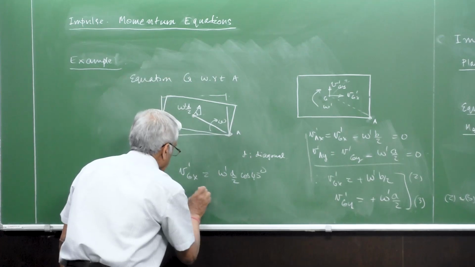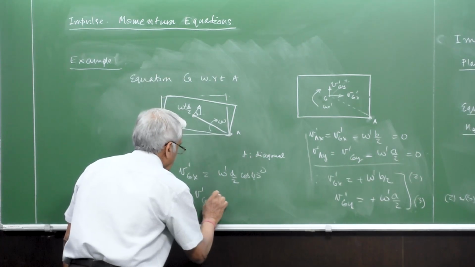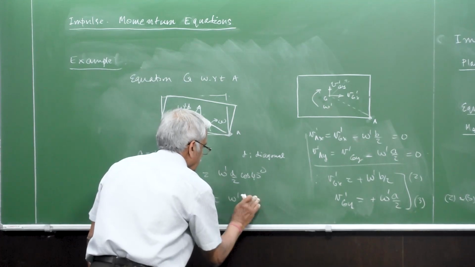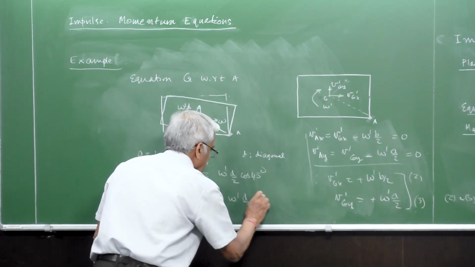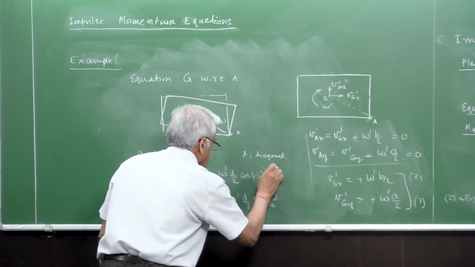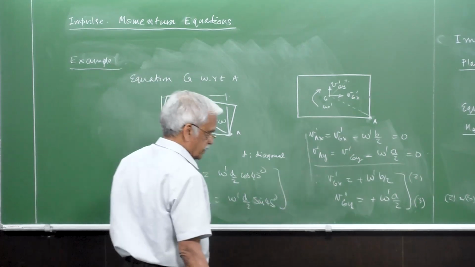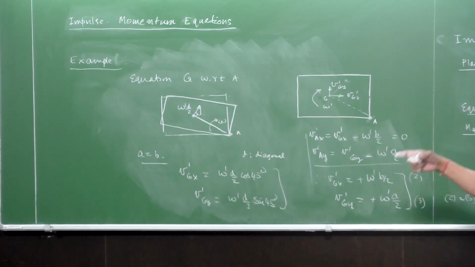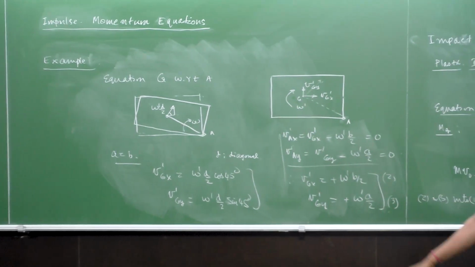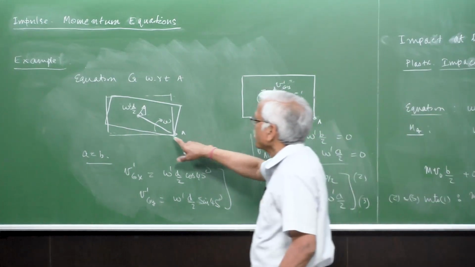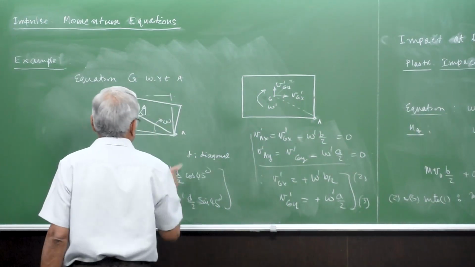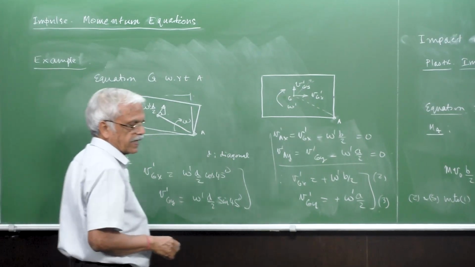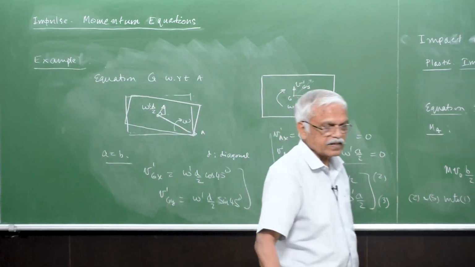And similarly, you can directly use Vgx and Vgy primes, directly in terms of omega prime, by knowing that A is the point about which the plate is rotating. Using that, we can directly write the constraint equation.